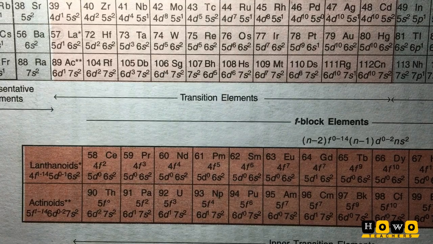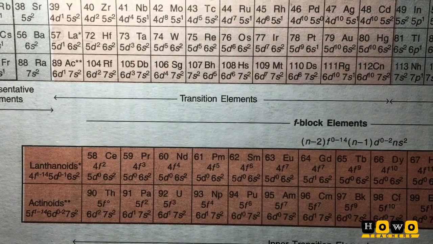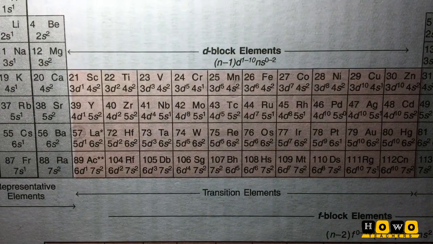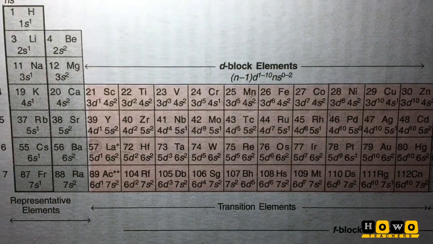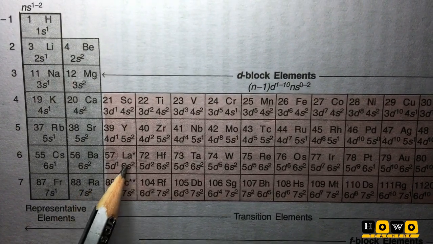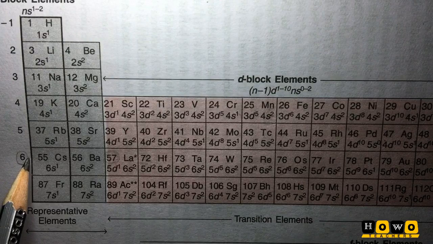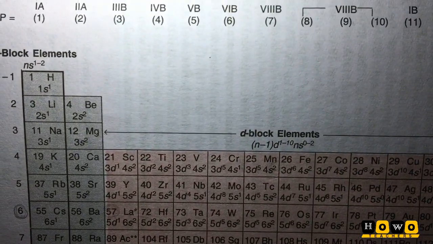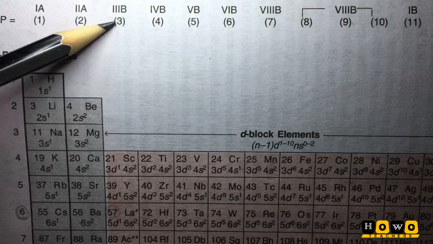Now I am telling you here to which period and which block they actually belong. Here you can see that if it is the lanthanoid series, then it belongs to the 6th period, and the group to which it belongs, you can see here, is the third.